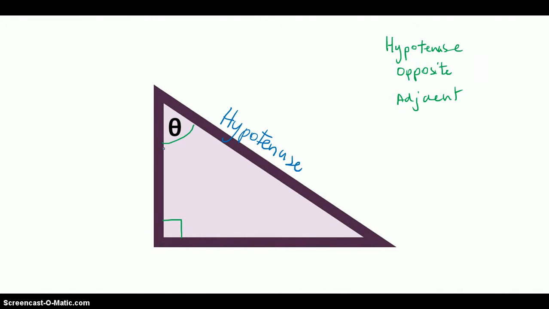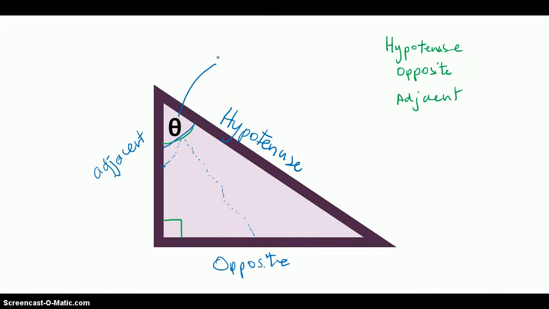And if we look at our reference angle right here, we can see that the side directly opposite it is this side, so we call that the opposite side. And the side that is next to or adjacent to the reference angle is right here, which is what we're going to label as the adjacent.